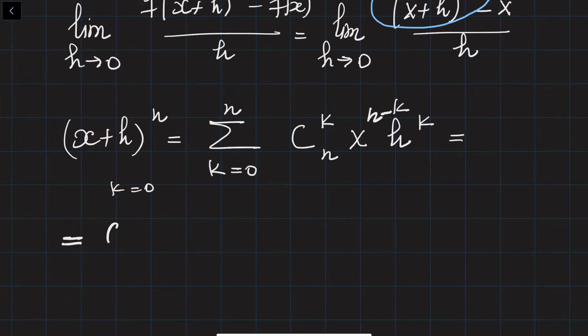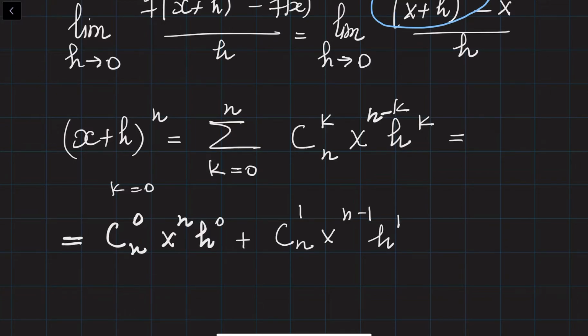It's going to be C(n,0) x to the power of n, h to the power of 0, plus C(n,1) x to the power of n minus 1 times h to the power of 1, plus C(n,2) x to the power of n minus 2, h to the power of 2, and so on.